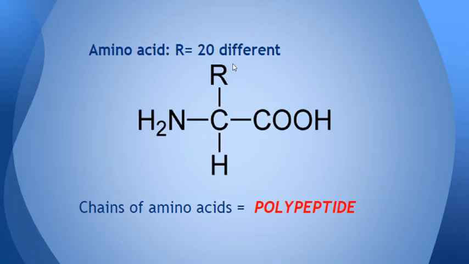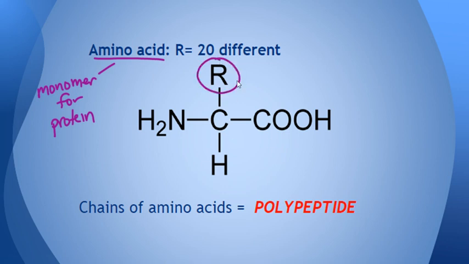Now, final 2 things here. When we look at our amino acid, remember your amino acid is your monomer for a protein. The basic structure of an amino acid. The only thing that changes in the structure is what's called this R group. And we have 20 different R groups, which means that we have 20 different amino acids.